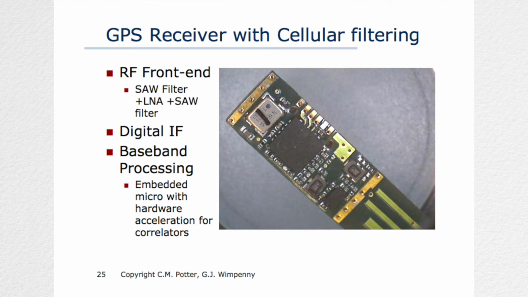This one's the earliest prototype that we did, and it's been evolved since then, so I've avoided confidentiality by showing a design that's not in production now. It has the edge of the GPS antenna, and on the same circuit board we've got the GPS receiver chip.